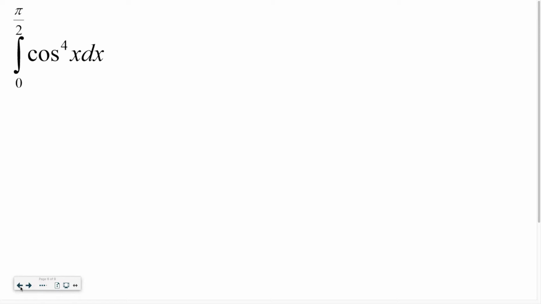So I'm assuming we're using the reduction thing. So this is like cosine squared, squared. And what is cosine squared the same as? 1 plus cosine of 2x over 2.